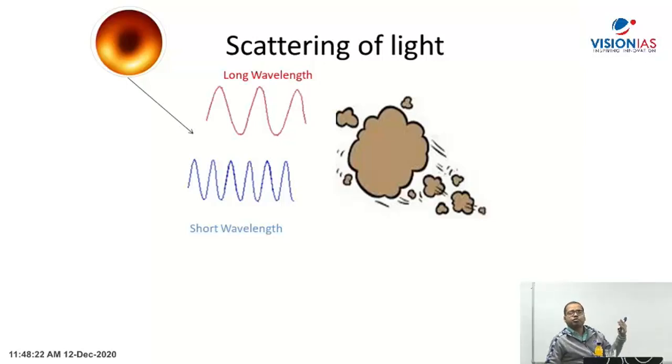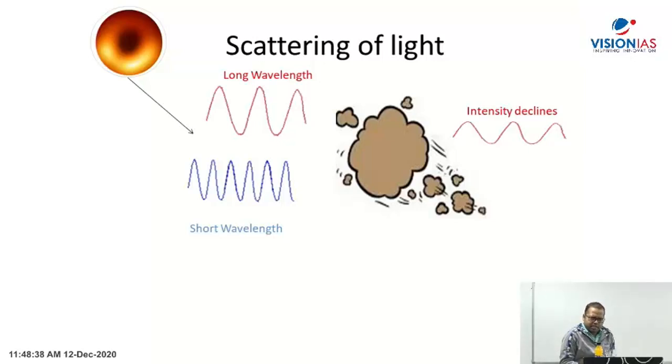So what happens to the red wavelength, meaning longer wavelength, when it collides with dust particles? Scattering is very less but intensity declines. Even if you are Hrithik Roshan, if you travel through a coal mine or an area full of dust, you will appear like Nawazuddin Siddiqui.